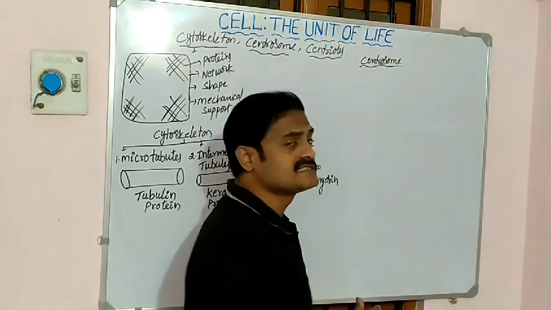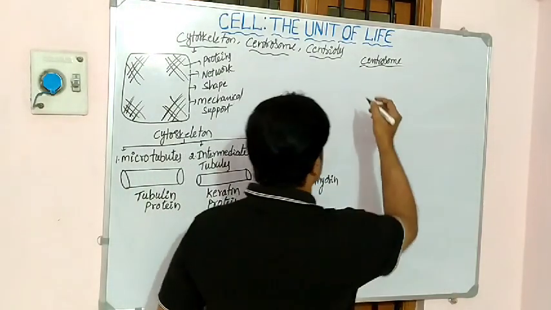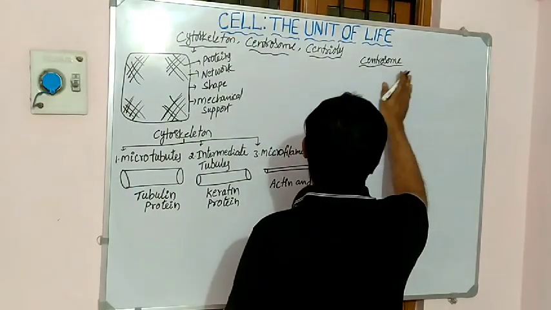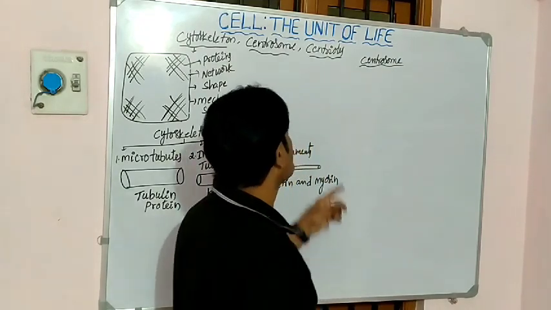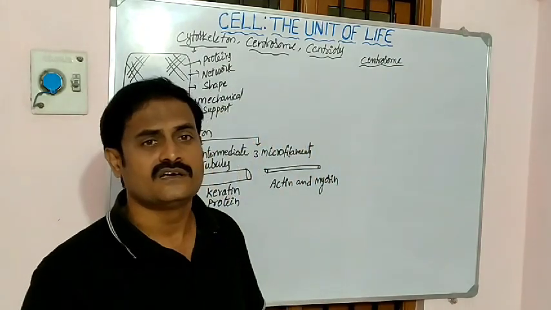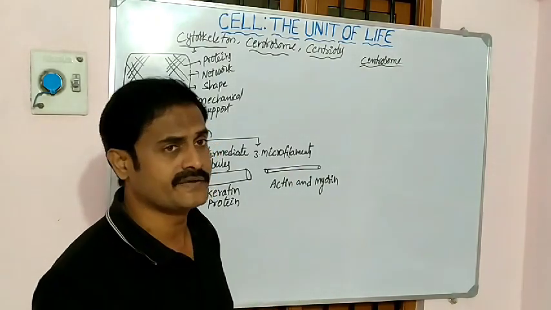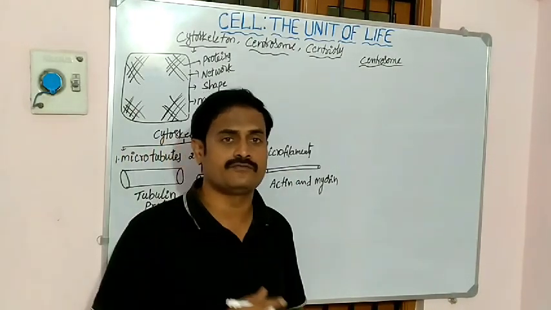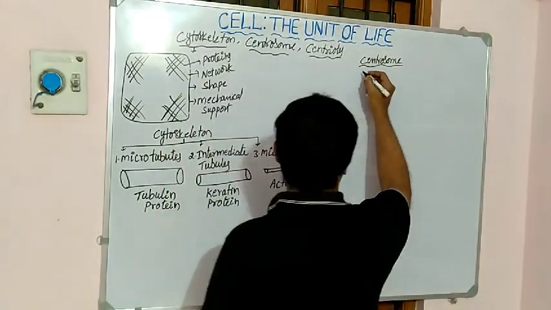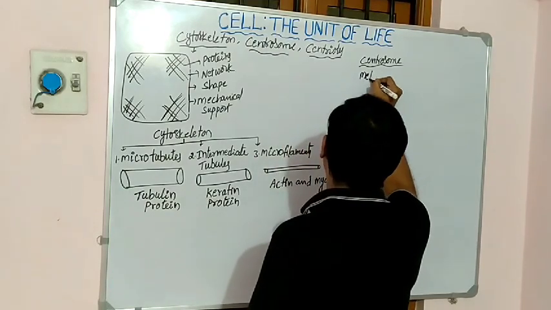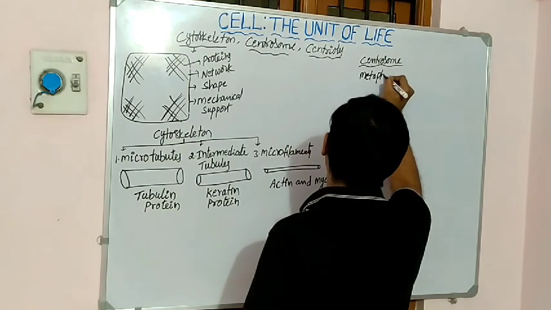It is not present in the animal cell. The centrosomes or centrioles appear very clearly during the metaphase. See, now I will draw the metaphase of the cell.